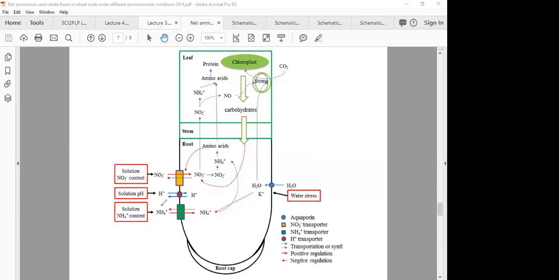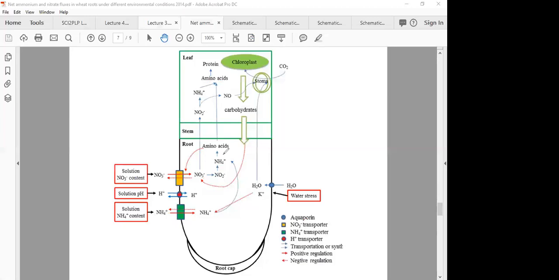What about the ammonium ions? Transported into the root cells. Now, ammonium ions can be directly assimilated into amino acids. So you can see why they're so important. The plant finds it very, very easy to incorporate them directly into amino acids.